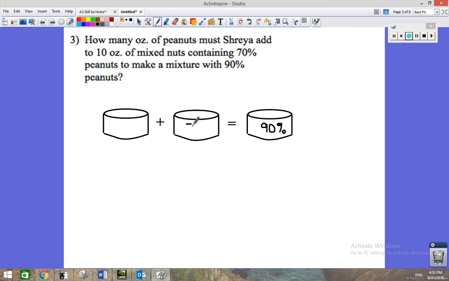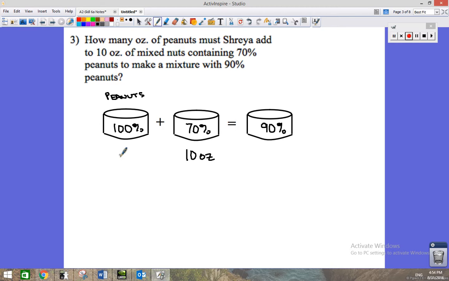I've got a 70% container. I have 10 ounces of nuts, of which 70% is peanuts. Now, when it says how many ounces of peanuts, so if this is peanuts, that's not a mixture. That's all peanuts. There's no other kind of nut in here. This is 100% peanuts.